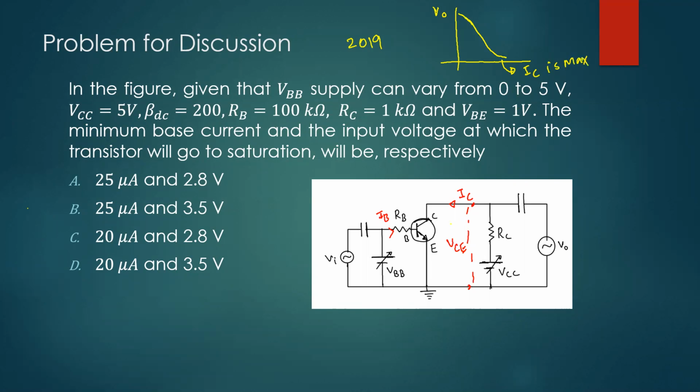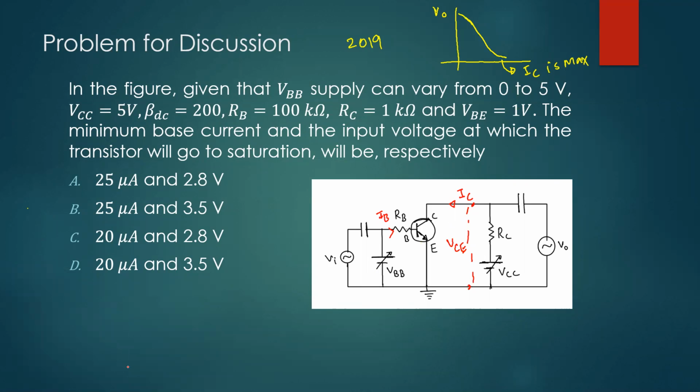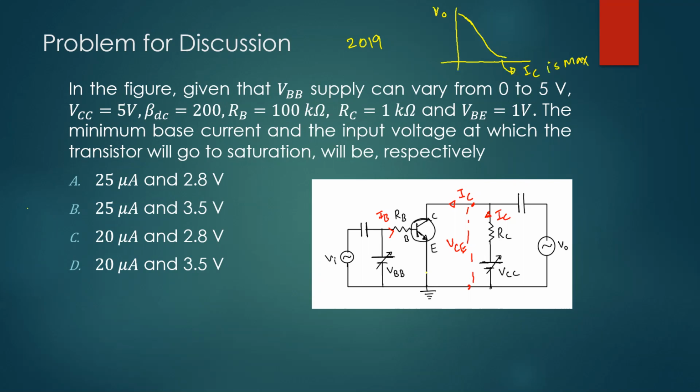So once I have maximum current, VCE becomes zero. Just keep that in mind. So VCE becomes zero.